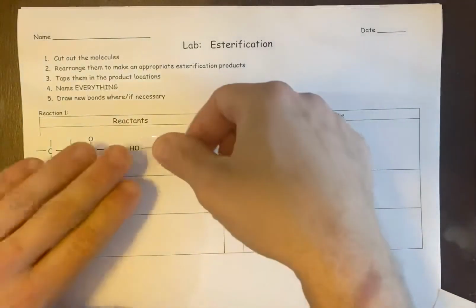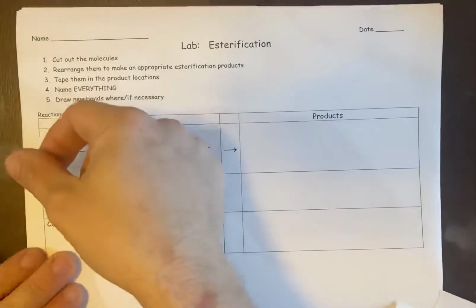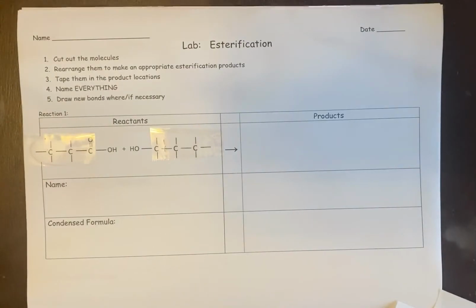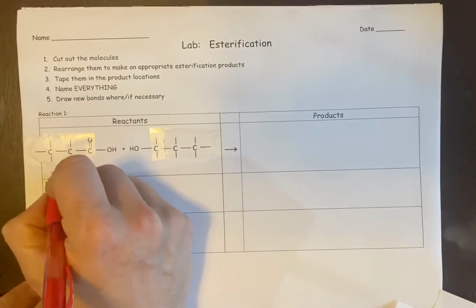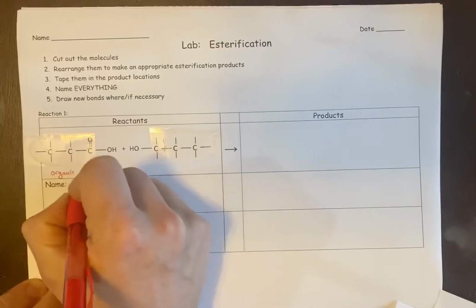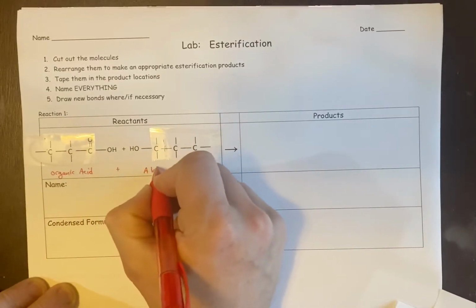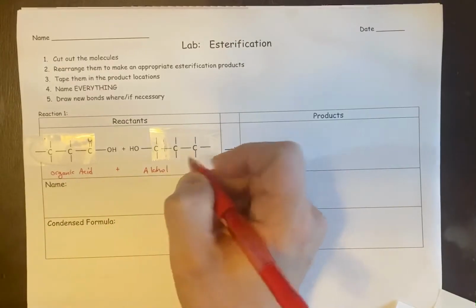We're going to tape it down, and there's my reactants. Now, the next thing you're going to do is name the reactants. This is an organic acid plus an alcohol, right?